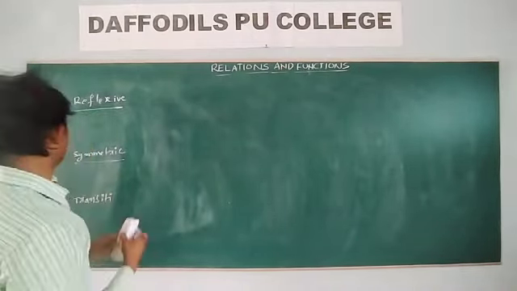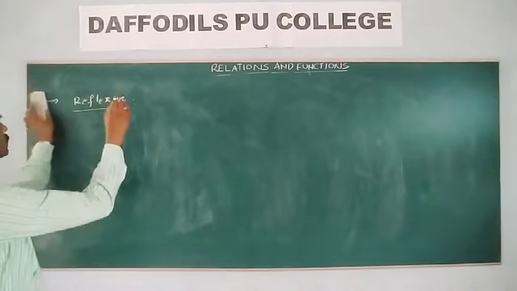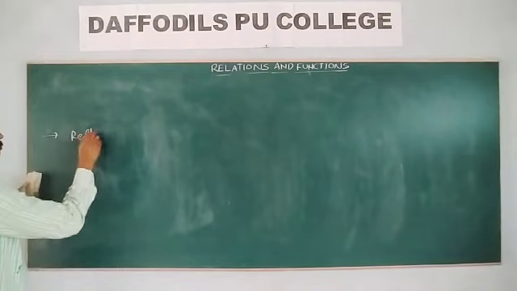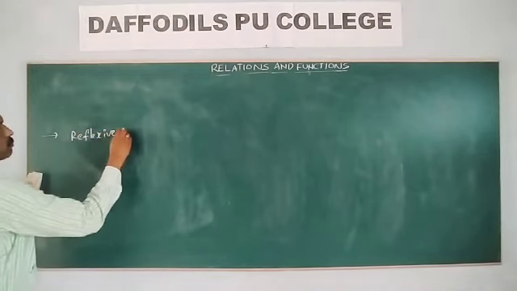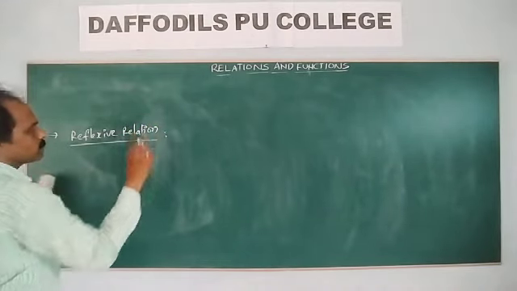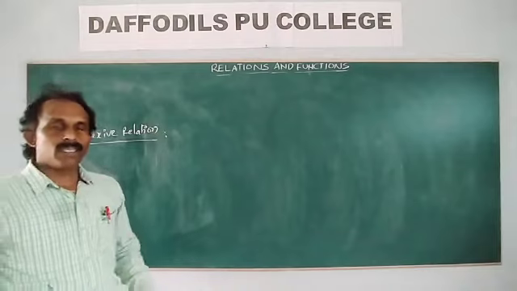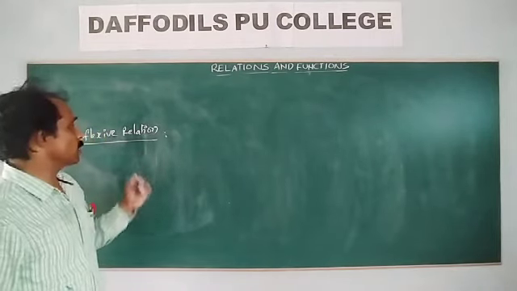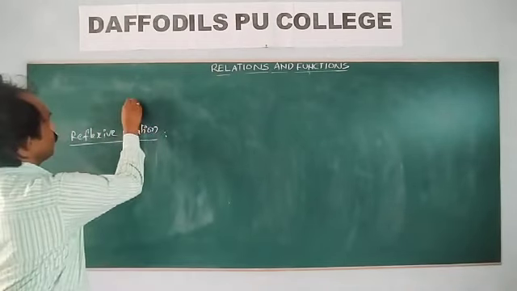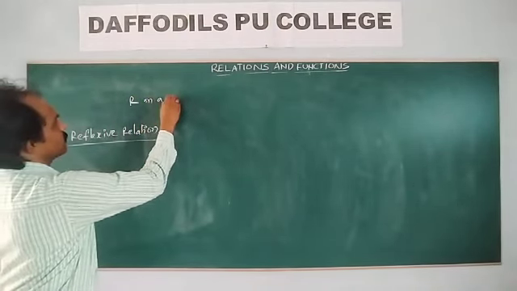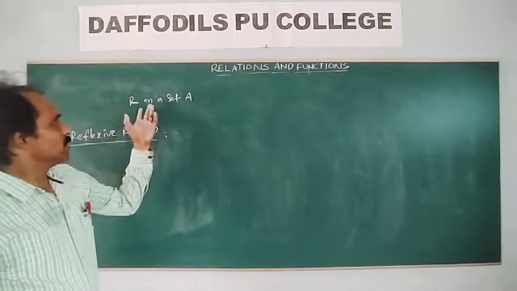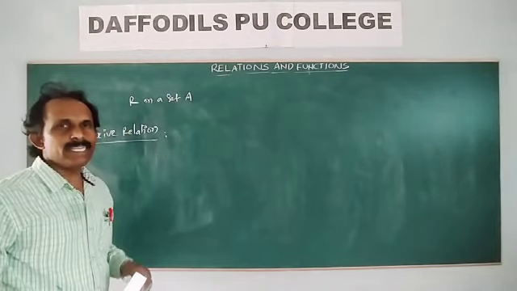First, the explanation. A relation R is said to be a reflexive relation on a set A. Here we clearly observe that on a set A means itself.